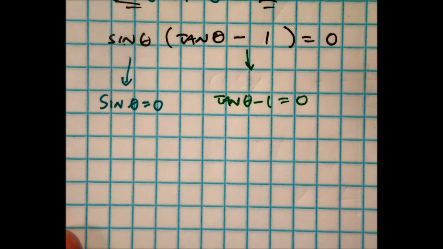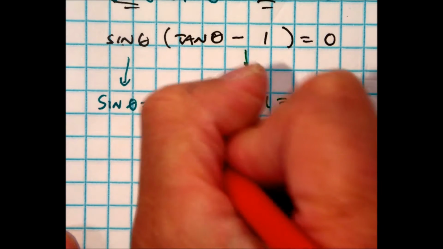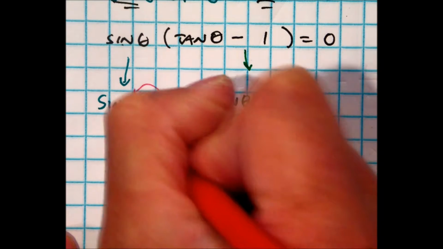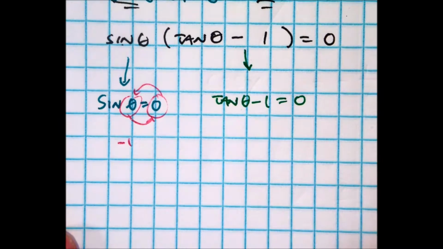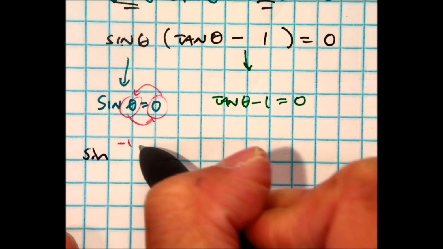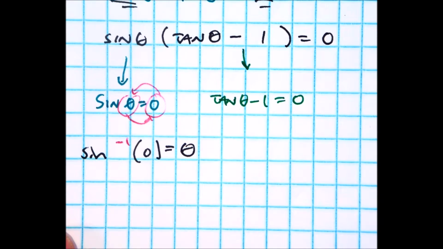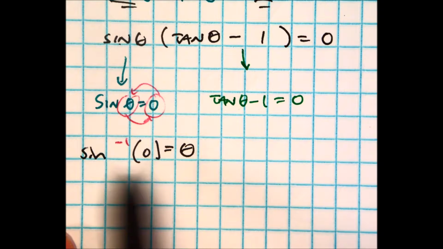Class, how do I get theta by itself? We're going to use the inverse. I'm showing that by the arrows. That's our minus 1. So here I have the inverse of sine of 0 equals theta. I need to find my angle, and I can do that by finding the locations on the unit circle where sine is 0.